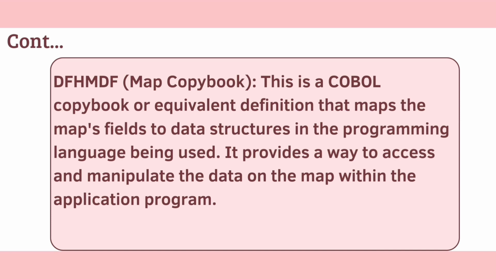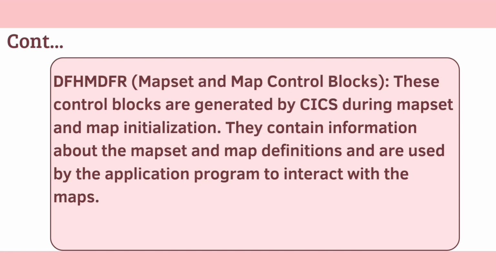This is a COBOL copybook or equivalent definition that maps the map's fields to data structures in the programming language being used. It provides a way to access and manipulate the data on the map within the application program.